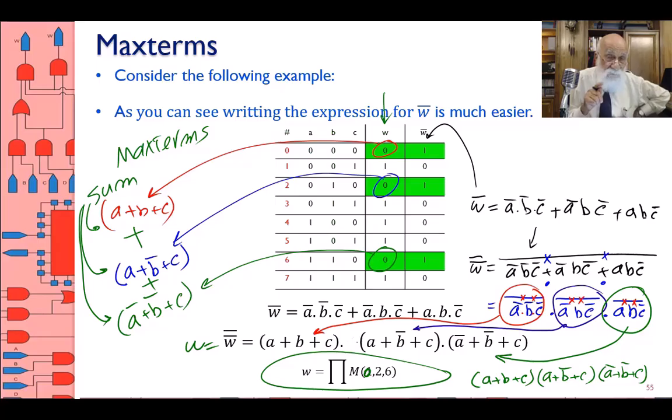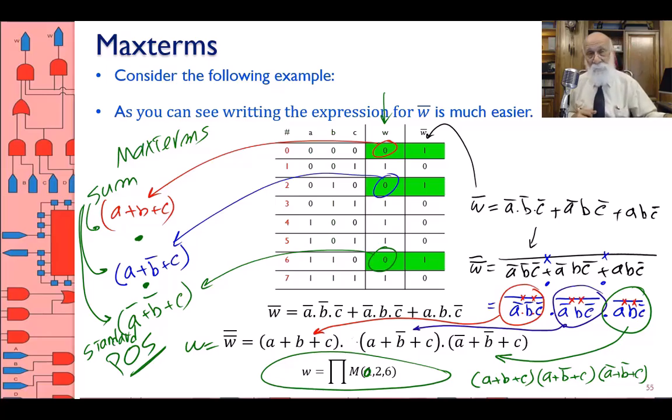Sorry, product of sums. Okay, so this is wrong. You have product of these 3 sums. So this is POS. But then this product of sum is a special product of sum because each one of the sums is a max term, and therefore this product of sum is standard product of sum.